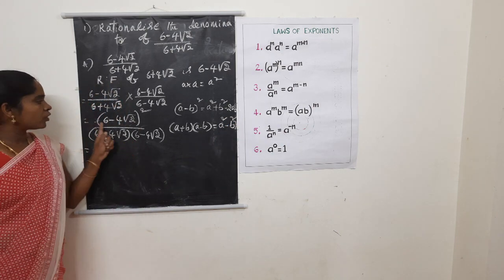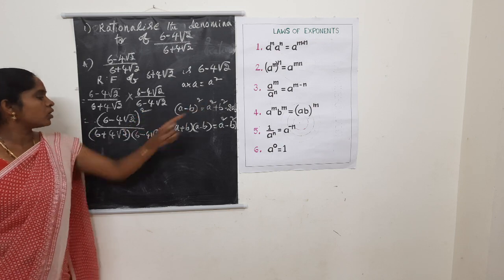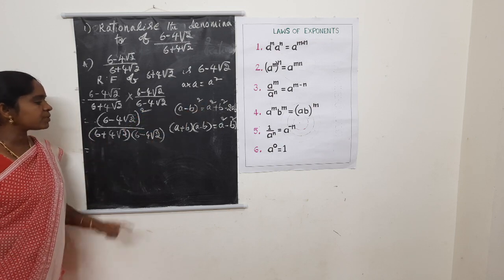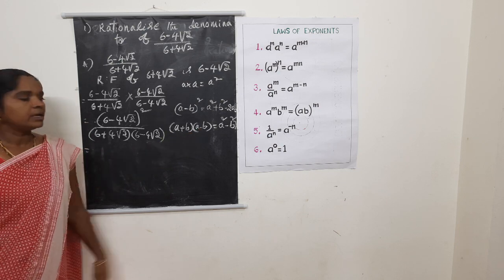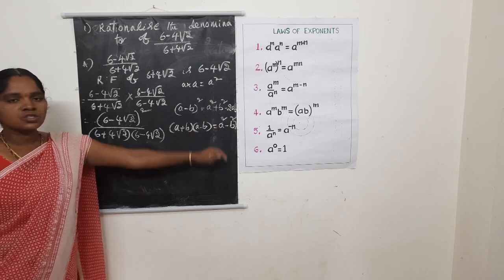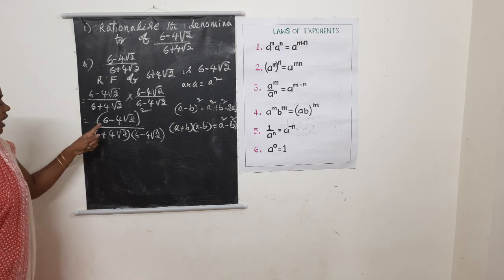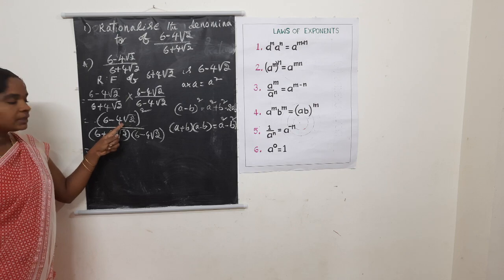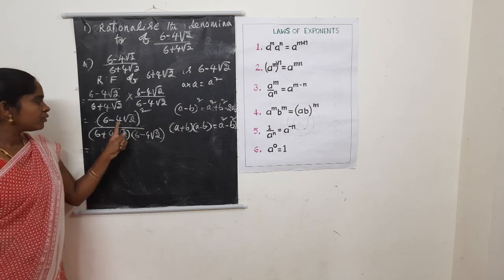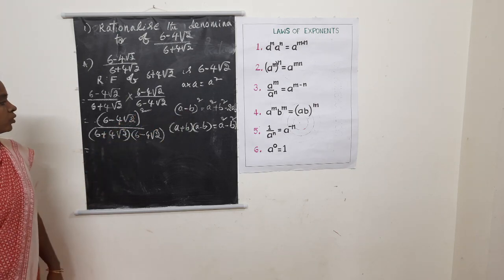So 6 minus 4 root 2 whole square is a minus b whole square. And 6 plus 4 root 2 into 6 minus 4 root 2 is in the form of a plus b into a minus b, nothing but a square minus b square. The value of a is 6, and the value of b is 4 root 2.